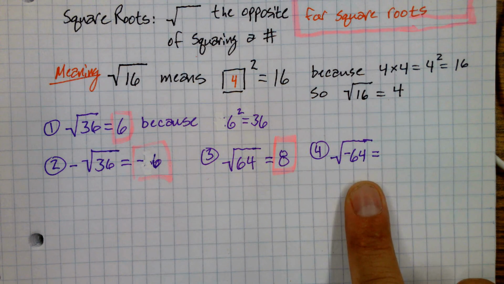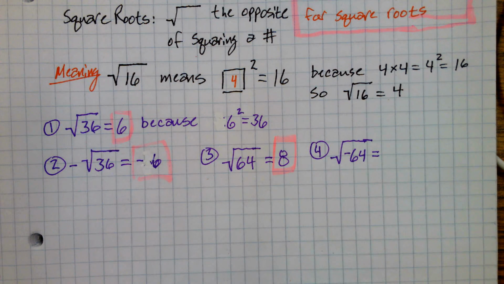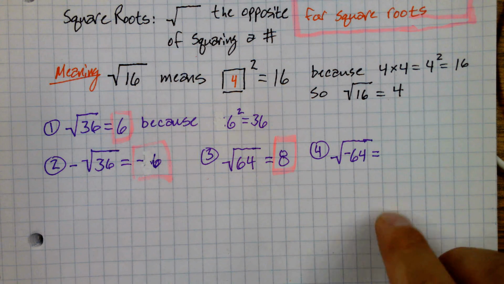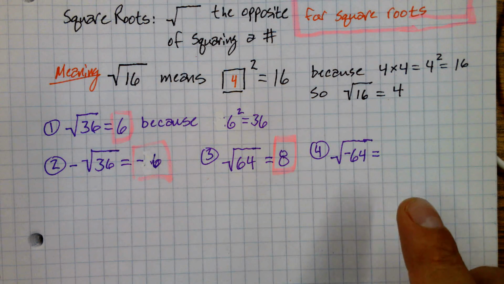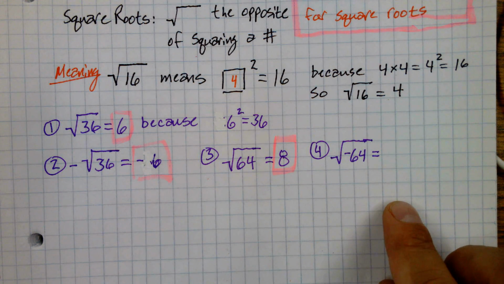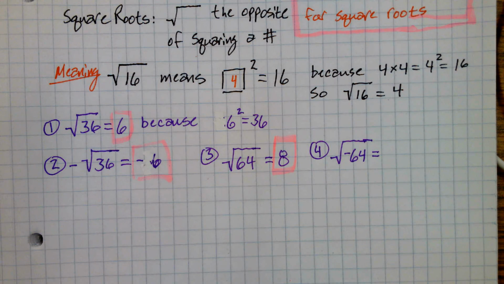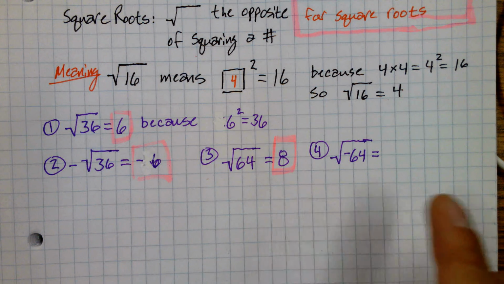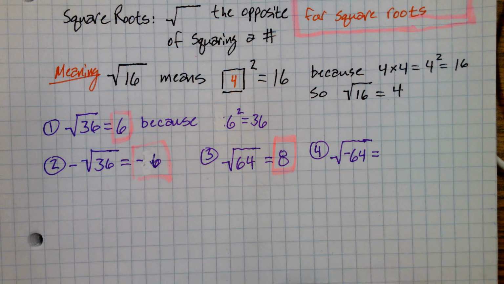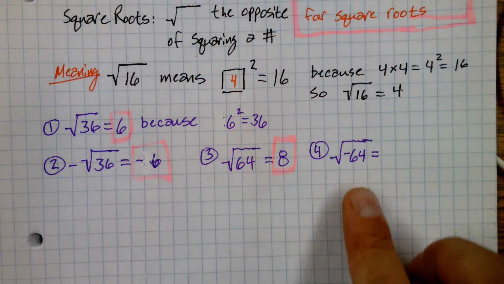But that's not negative, right? We need a negative. And so if I do negative 8 times negative 8, that's positive 64. So it can't be negative 8, even though that's probably the one that made more sense. And we know it can't be 8, because 8 times 8 is positive 64, and so is negative 8 times negative 8. What number times itself do you think would give me negative 64?